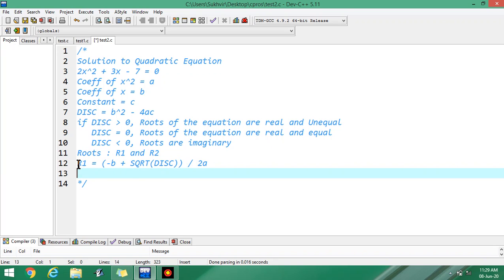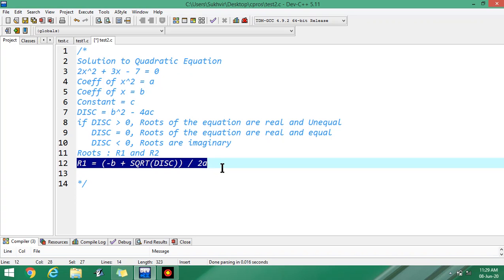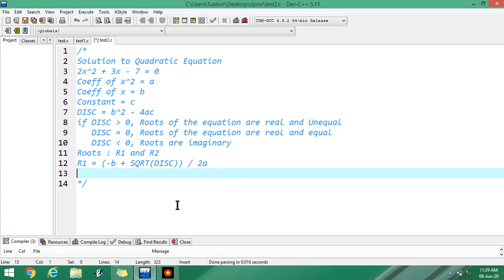For R2, you have to write a negative sign here. All the other contents remain as they are. Basically, these are the conditions you have to apply inside your program.